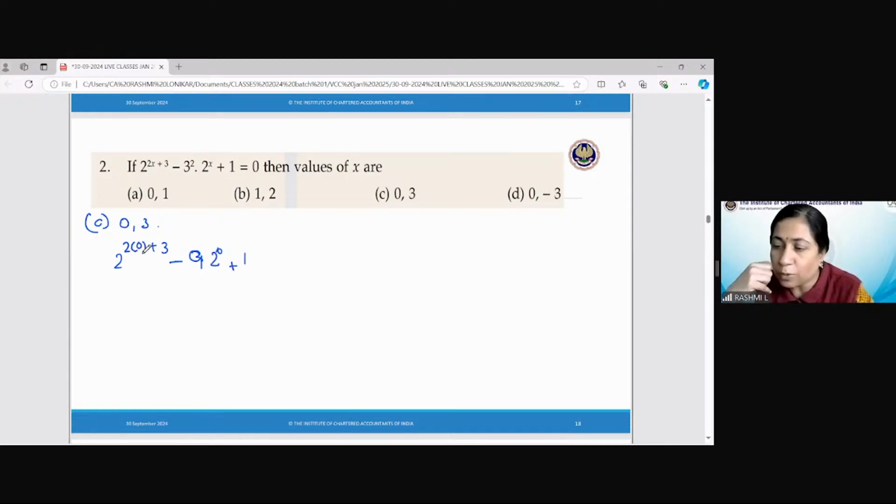Now we do not make the whole thing 1 yet. 2 into 0 is 0, 0 plus 3 means 3. So this is equal to 2 raised to 3 minus 9 into 2 raised to 0. 2 raised to 0 is 1, so minus 9 plus 1. So how much is this? 2 cube is 8.